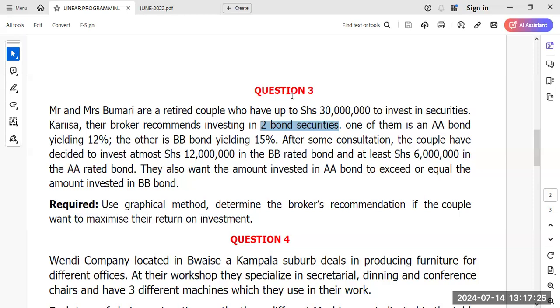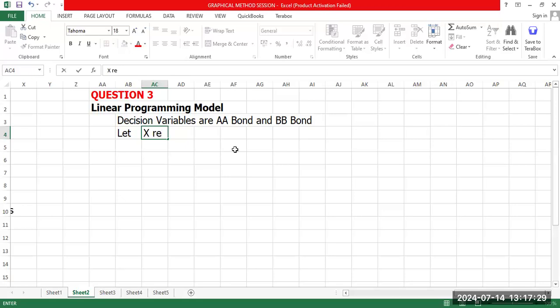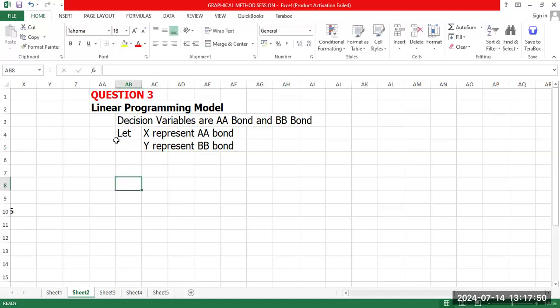So let X represent the AA bond, then Y represent the BB bond. Okay, that is step number 1.